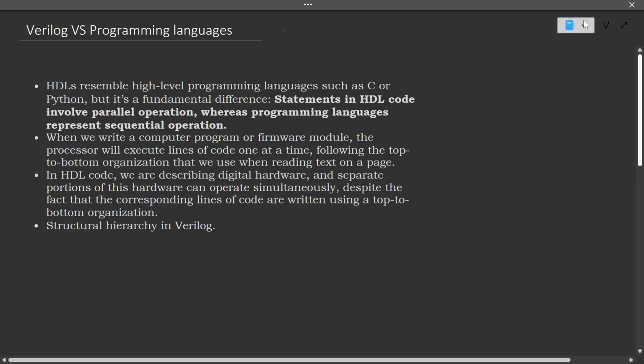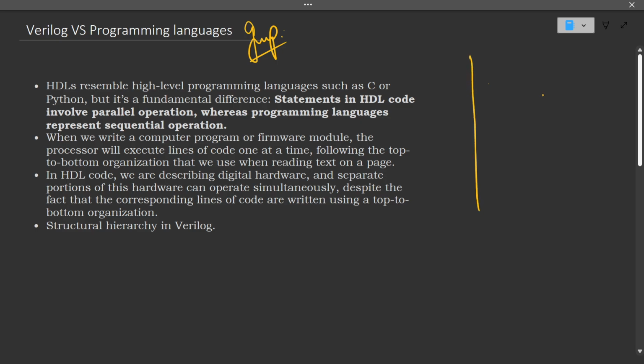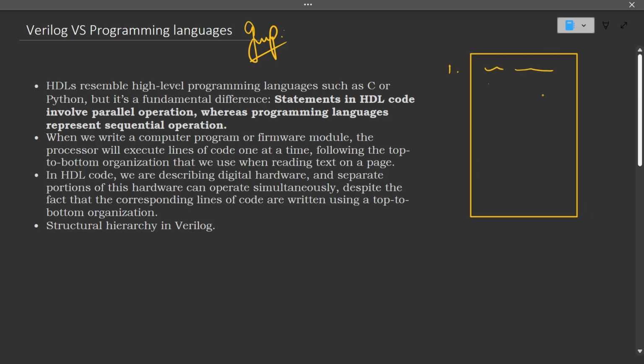Next what we have is how Verilog is different from other programming languages. So what happens is, understand it very clearly, this is very important. In other programming languages, let us say I have a piece of code, line number 1, 2, 3, 4, 5, 6, 7.